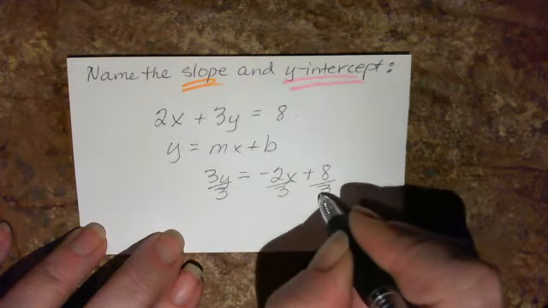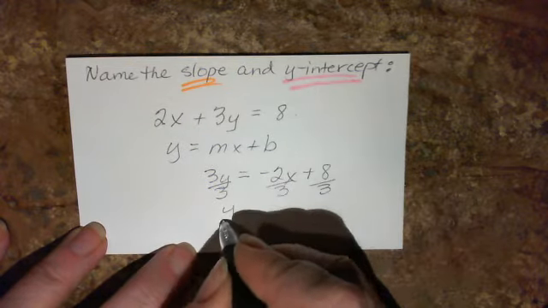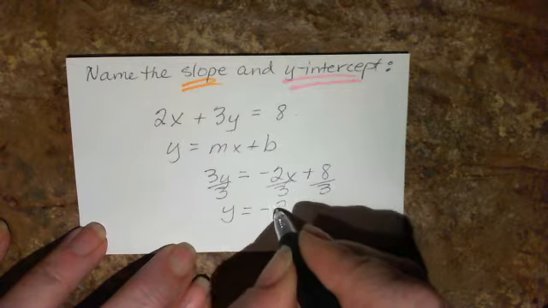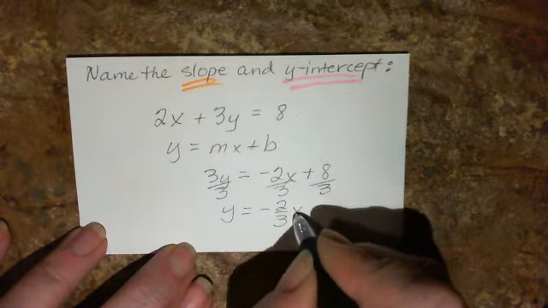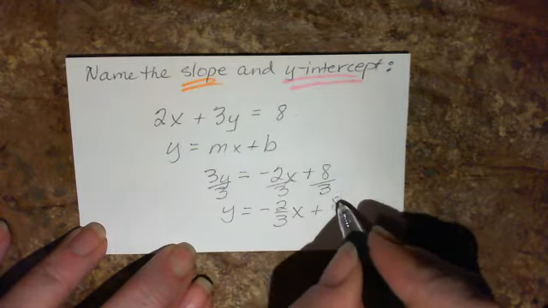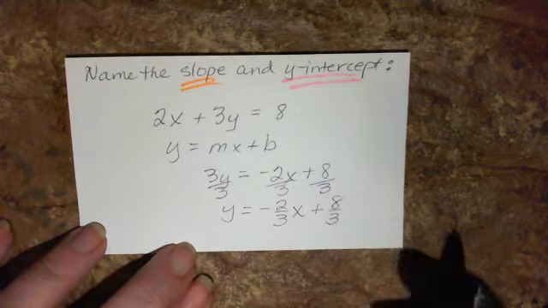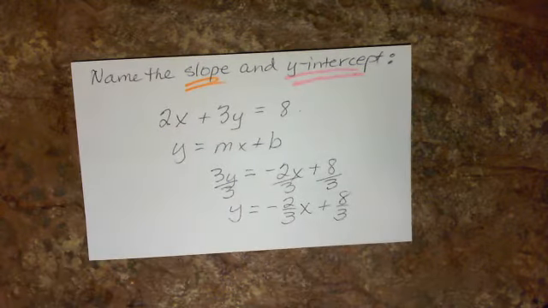So we're going to divide all terms by 3. That gives us y = -2/3 x + 8/3, an improper fraction that does not simplify any further.